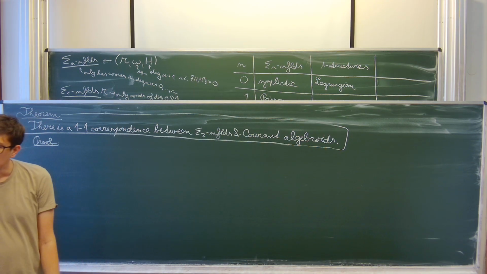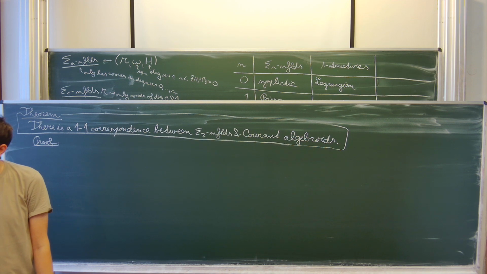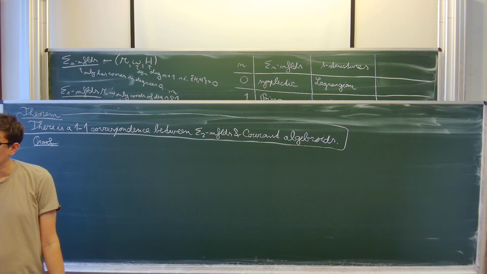It's part of an equivalence of categories: a functor in one direction and a functor in the other direction. To each sigma 2 manifold you get a Courant algebra, and to each Courant algebra you get a sigma 2 manifold. If you go there and back, you are canonically isomorphic to the original thing.